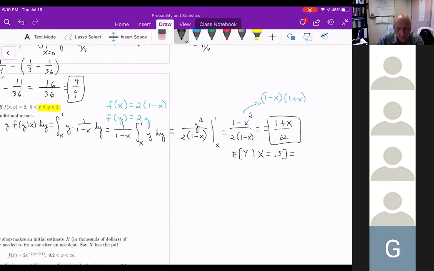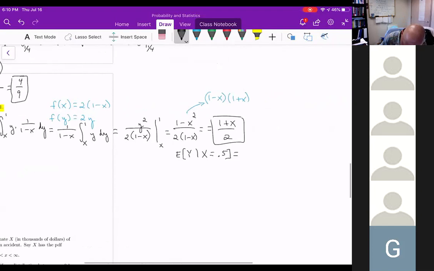Just plug 0.5 into 1 plus x over 2. Yeah, so you've got 1.5 over 2, which is 3/4.